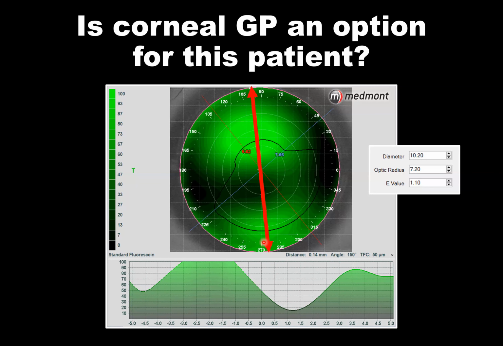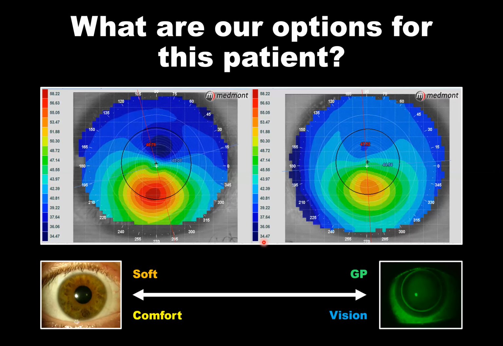corneal GP lenses. So when we look at our keratoconics as an example, when we look at our irregular corneas and we consider, can we fit this patient with a soft or a rigid or a hybrid or a piggyback? Where does scleral fit on the spectrum?